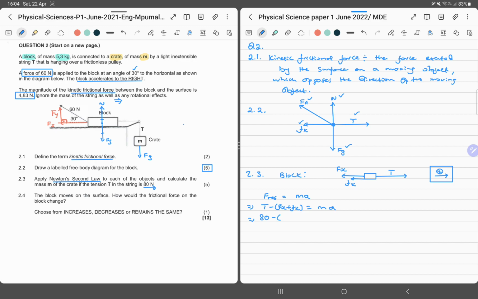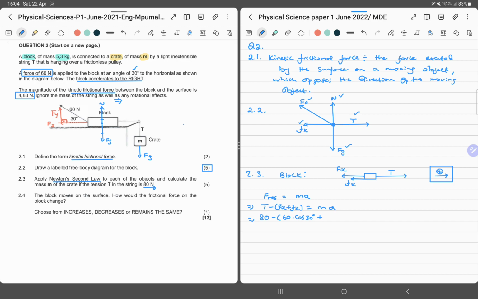Then for these two, we know that Fx is basically 60 times the cos of 30 degrees, isn't it? Yes, on this diagram, cos is adjacent over hypotenuse. When you want to solve for the adjacent, it's going to be the hypotenuse multiplied by the ratio.